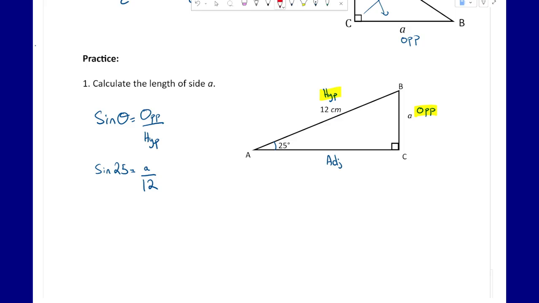This is a scenario where the missing piece is on top, so I bring up and multiply. We have 12 times sine 25, which will be equal to side length A. 12 times sine 25 is 5.07, or you could just say 5. That is our missing side length.